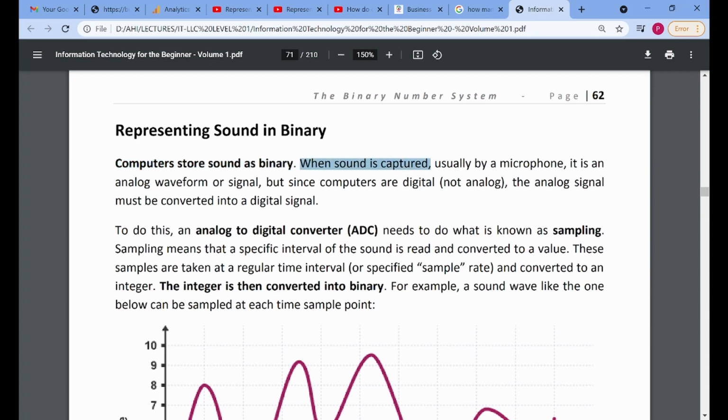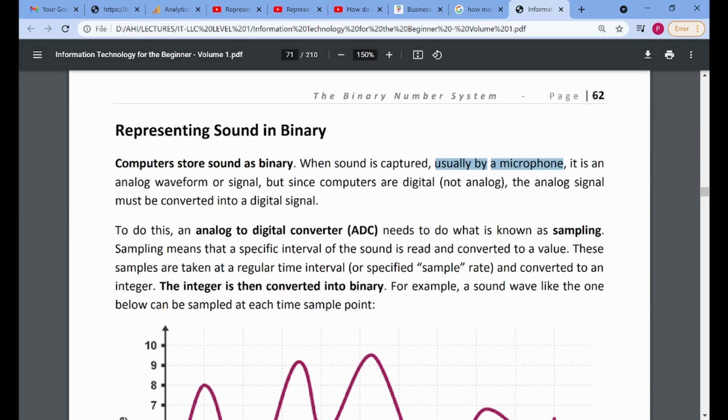When sound is captured, usually by a microphone, it is an analog waveform or signal. But since computers are digital, not analog, the analog signal must be converted into a digital signal.